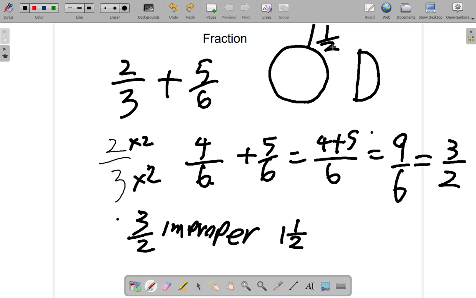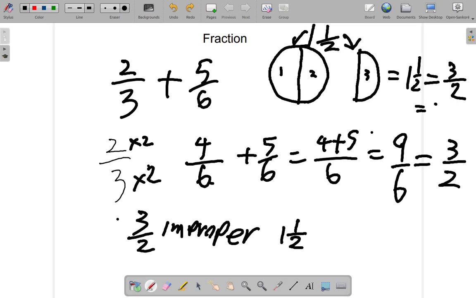This is the 1 and this is the half. So this one contains how many halves? 1, 2 halves plus a third half gives you 3 halves. So 1.5 is the same as 3 halves. And this is the same as 3 times a half, which is 3 halves. Alright? So you have 3 halves here.